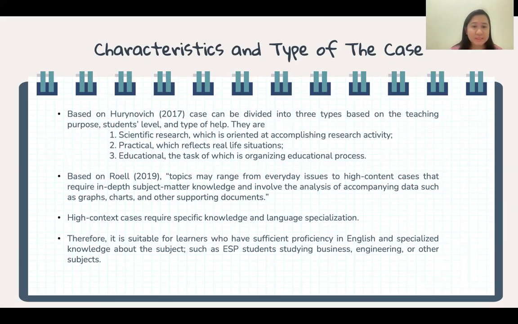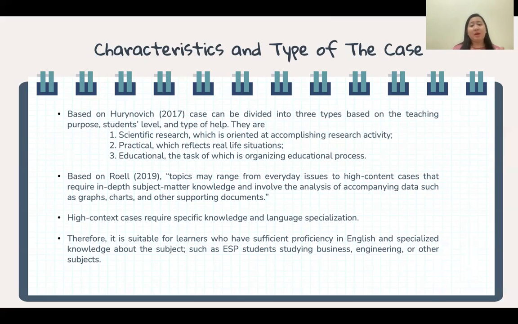The first is scientific research, which is oriented at accomplishing research activities, and the second is practical, which reflects real life situations, and the third is educational, the task of which is organizing the educational process.